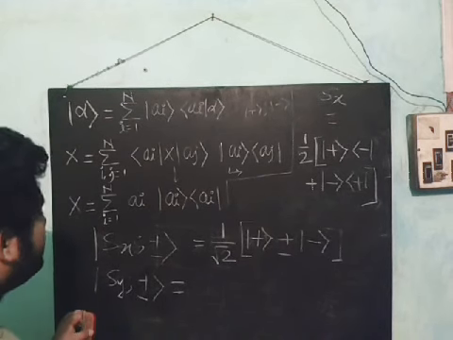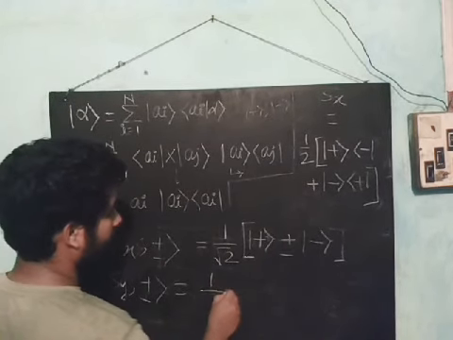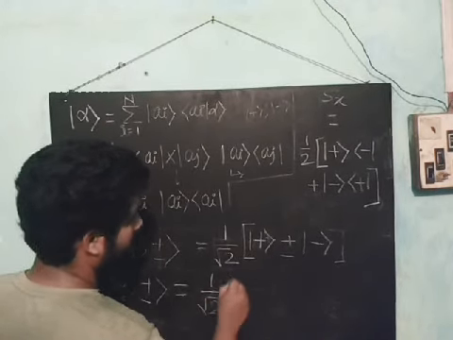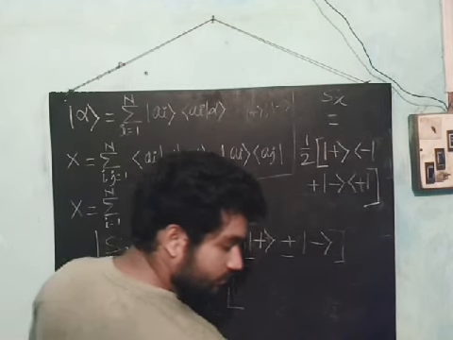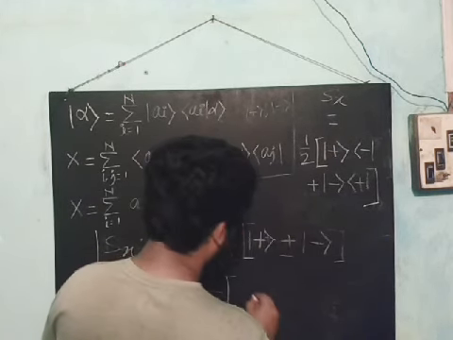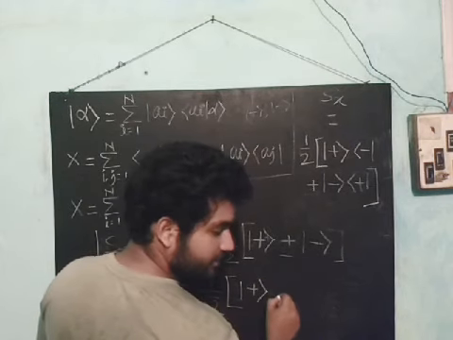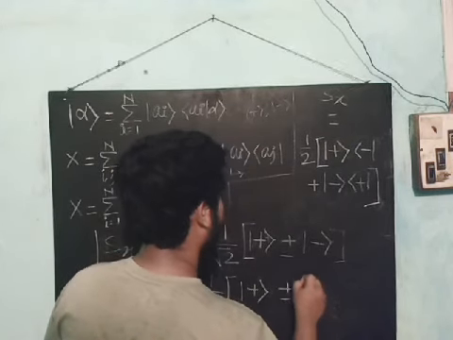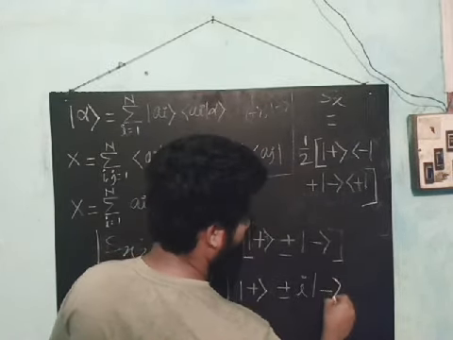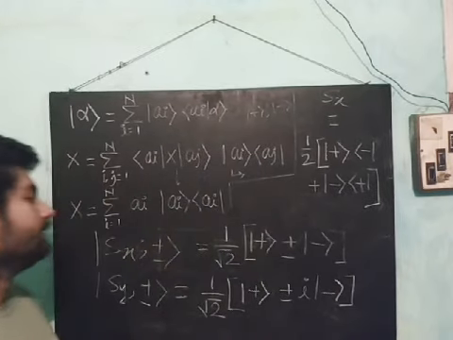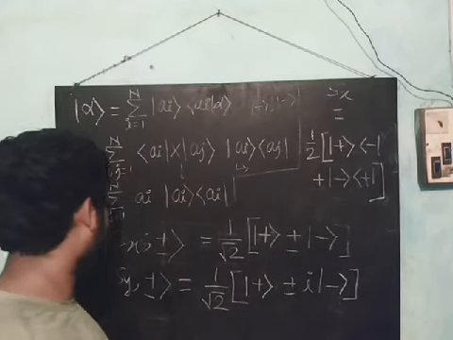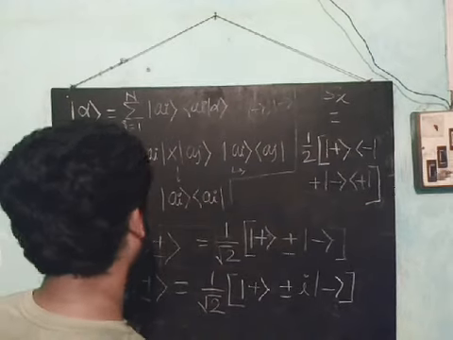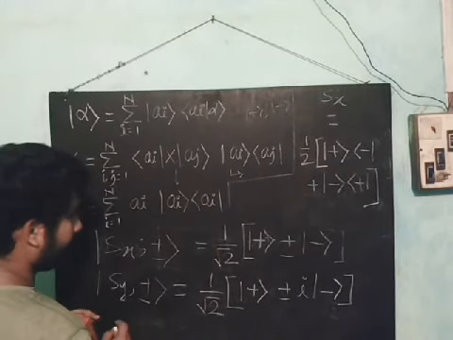And what will be Sy positive and negative? It will be 1 by root 2 times positive plus or minus i times negative. And what will be Sy?